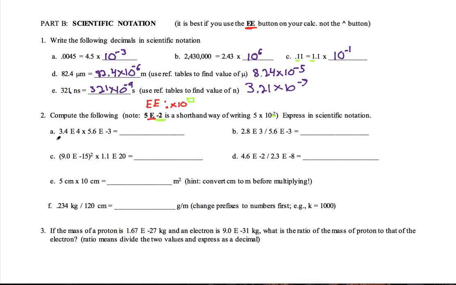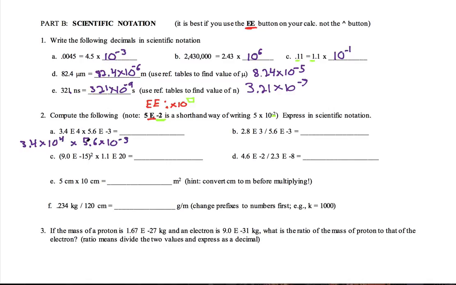When I multiply, let me write this out. This is 3.4 times 10 to the fourth times 5.6 times 10 to the negative third. When I multiply numbers with exponents, the exponents do not multiply. The exponents get added.